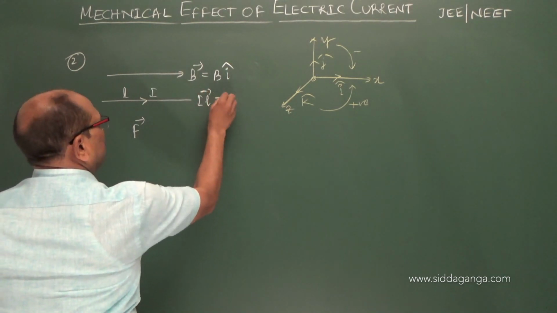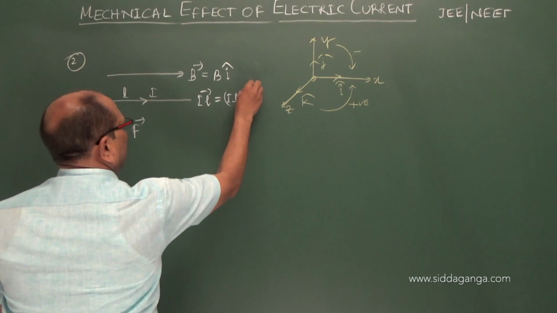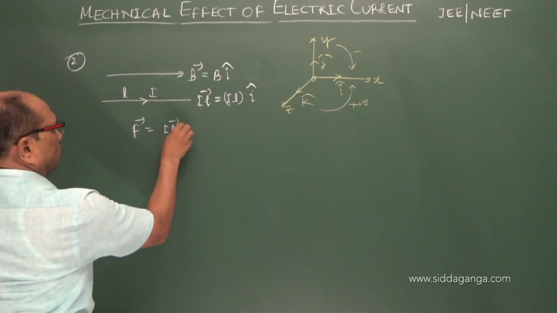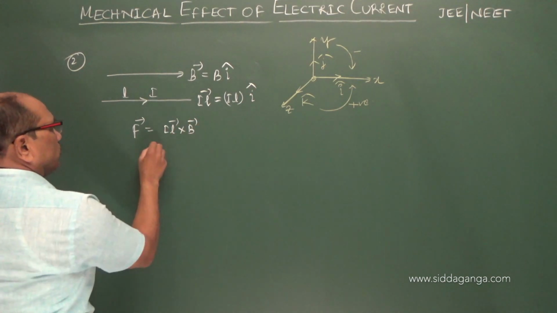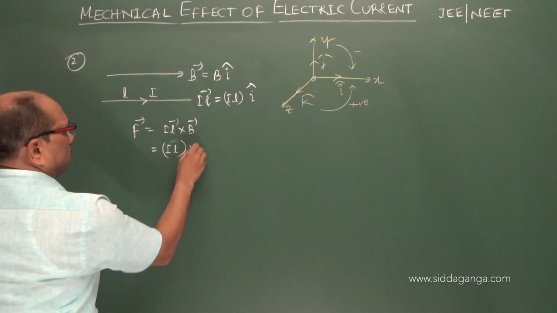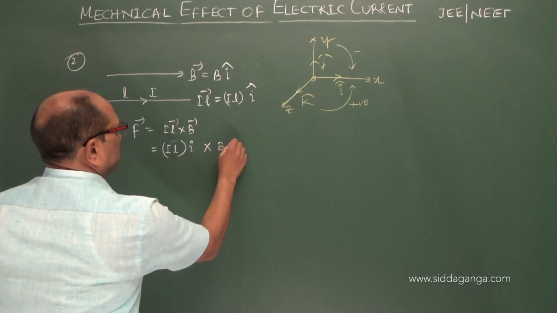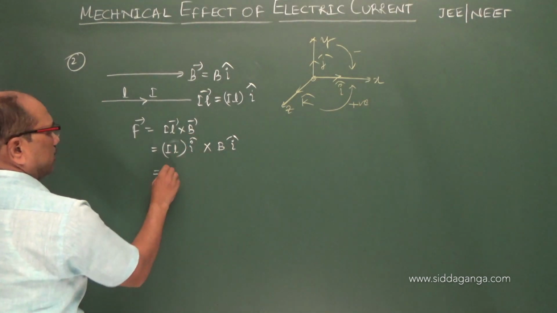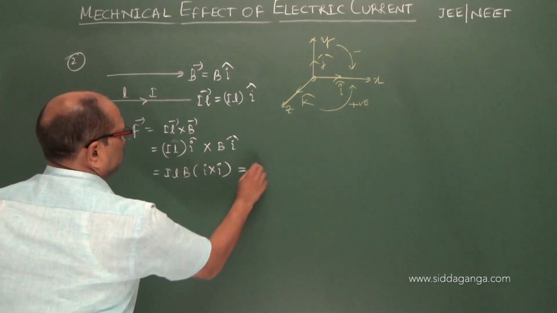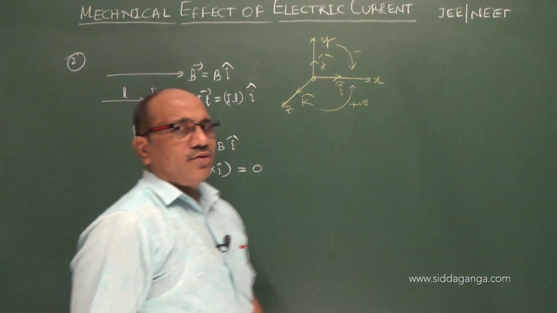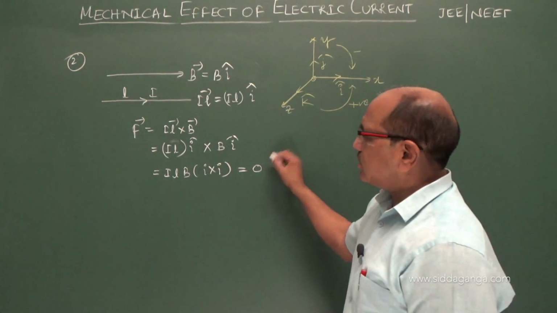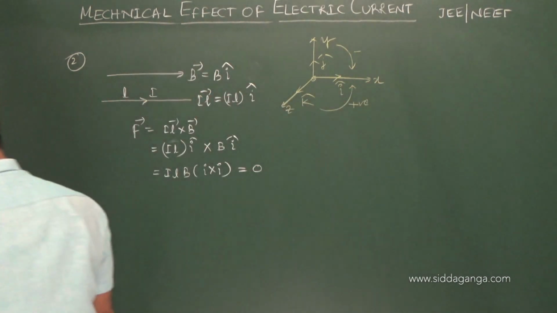IL, I can write as IL into I. According to this, IL cross B, which is IL into I cross B into I. ILB into I cross I is 0. No force. If the conductors are parallel, it won't experience any force. That's the answer.